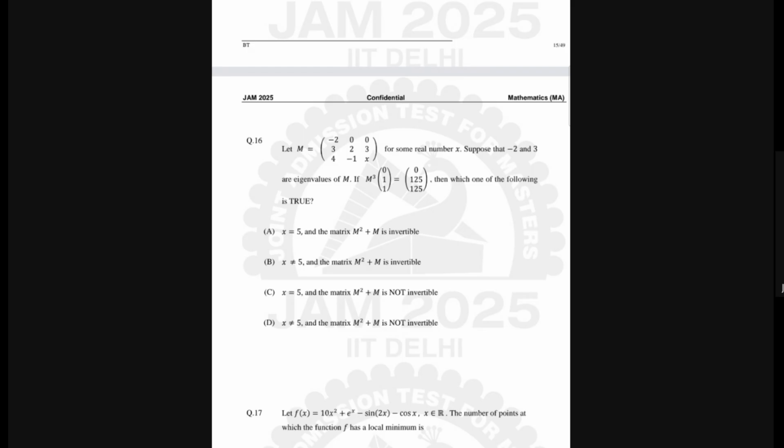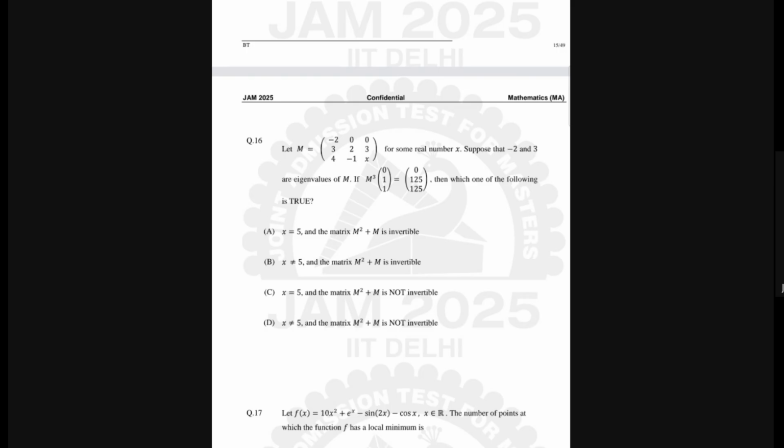See, they have given M cube v is 5 cube v, but can we say that 5 is an eigenvalue of M? We have to check that. My suggestion is, first try to calculate what is x.